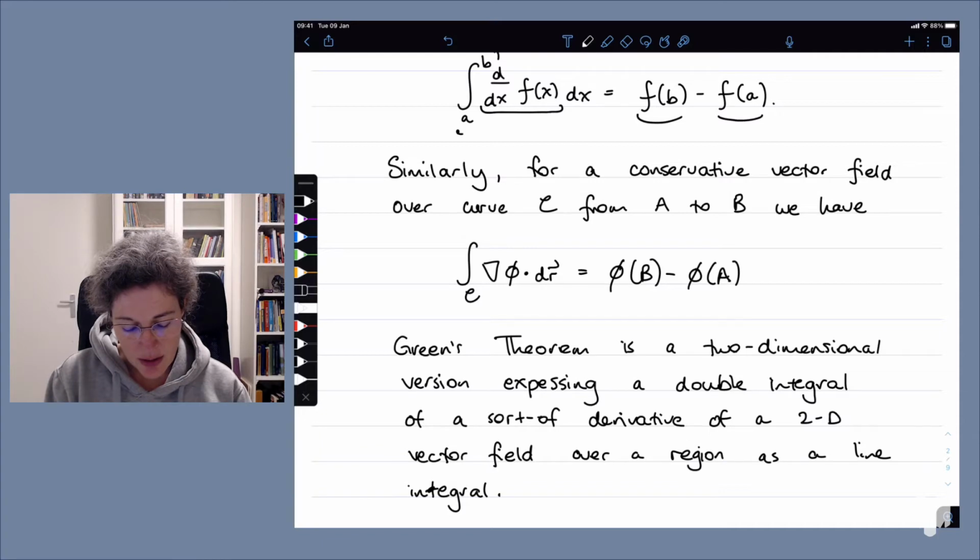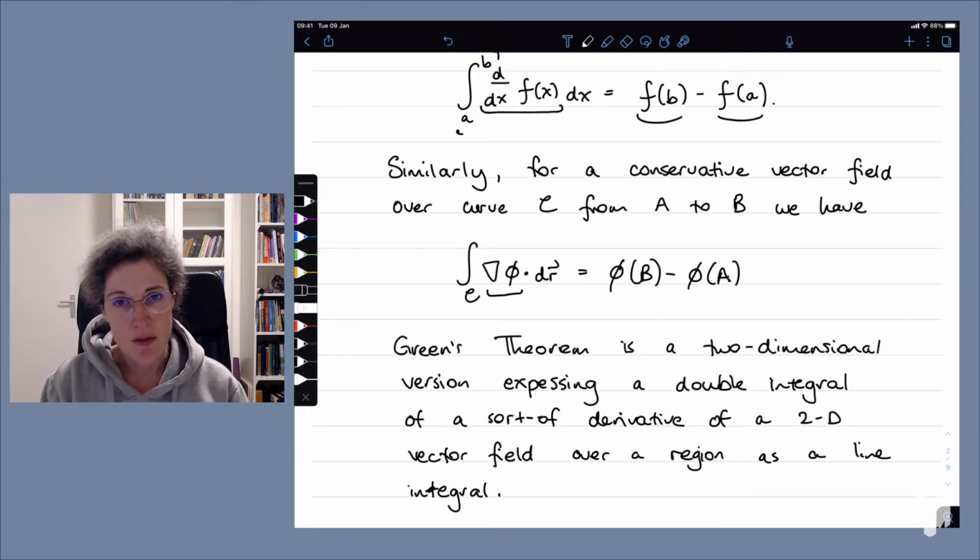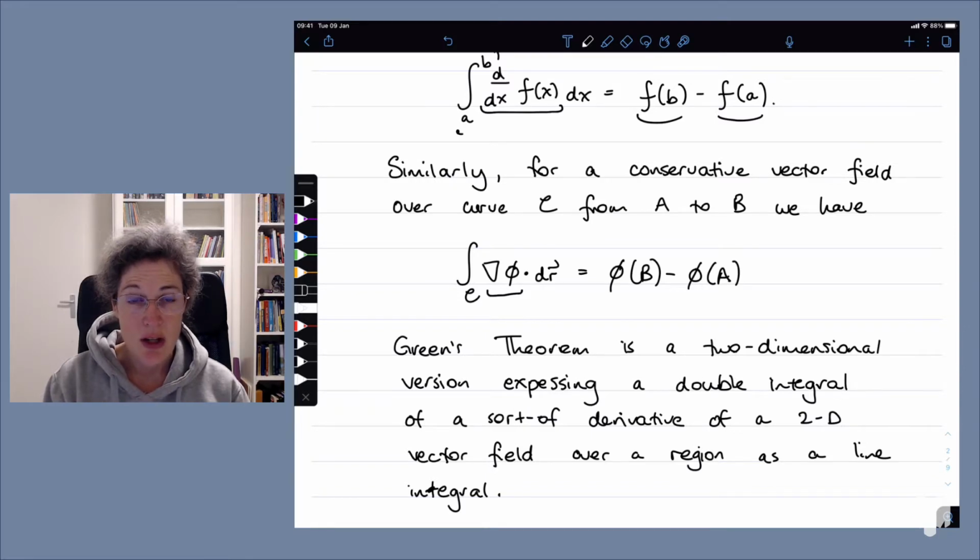So here is our conservative vector field, which, since it's conservative, we know that we can express as the gradient of a scalar field, and we're taking the dot product of that as we go around a curve, and it is the same as just looking at the value of the scalar field at the end and start points and subtracting. So that was kind of the idea of path invariance that we saw when we were looking at line integrals.